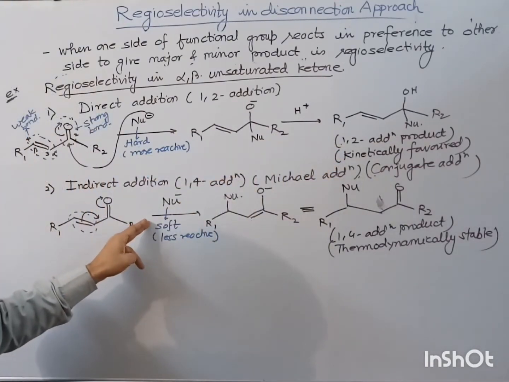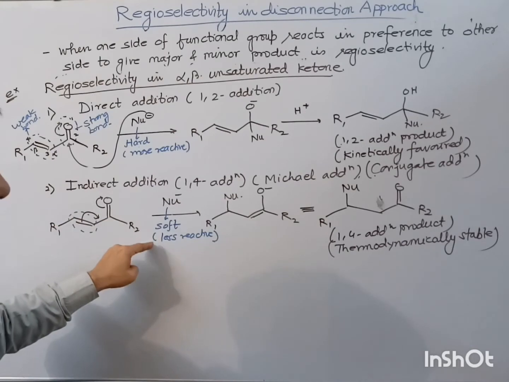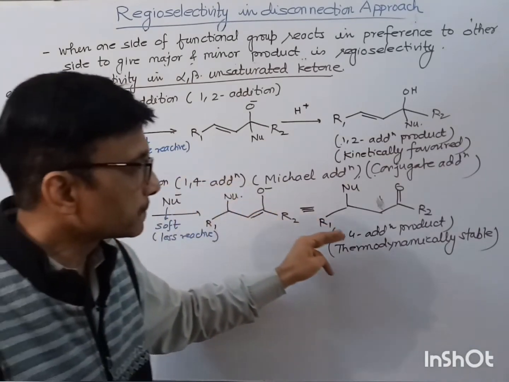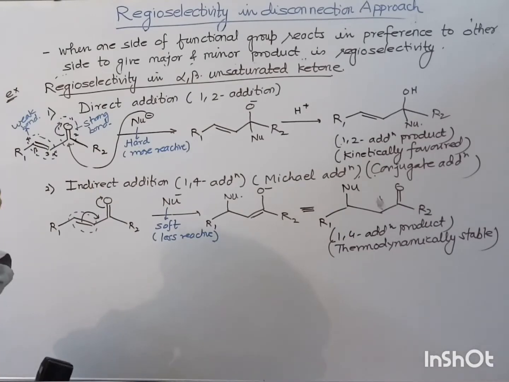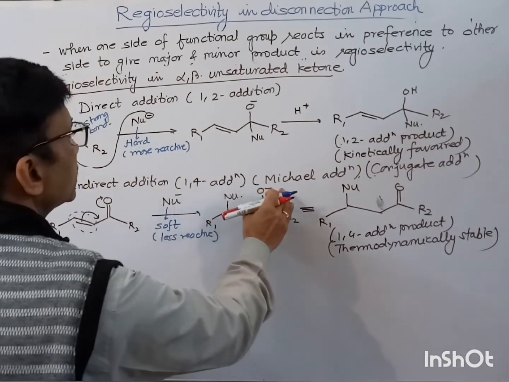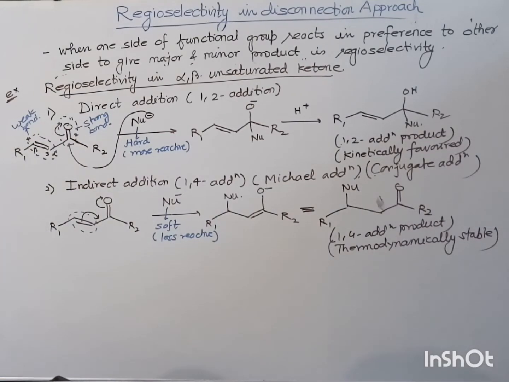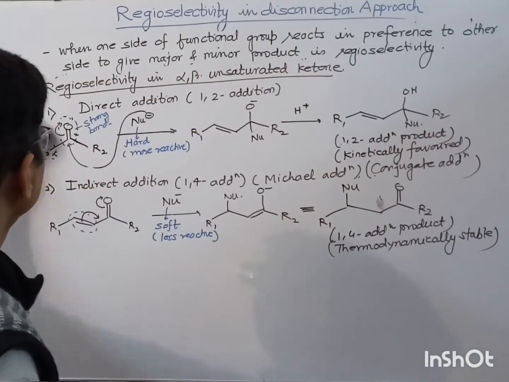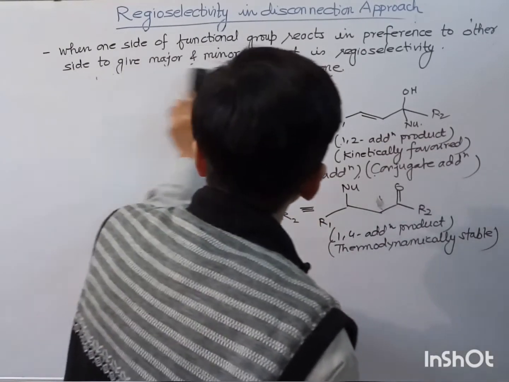A soft nucleophile attacks over the soft, weak center, so being less reactive, it will give you the thermodynamically stable product. This is the Michael product, the 1,4 addition product. So let's differentiate between hard and soft nucleophiles, and then we will take a few examples.